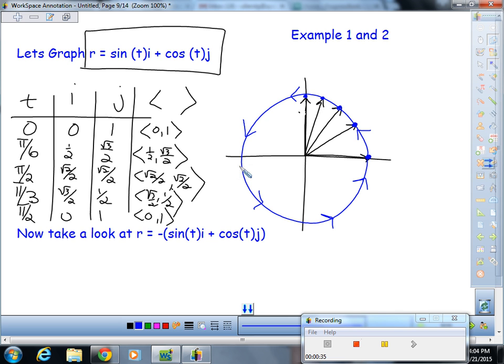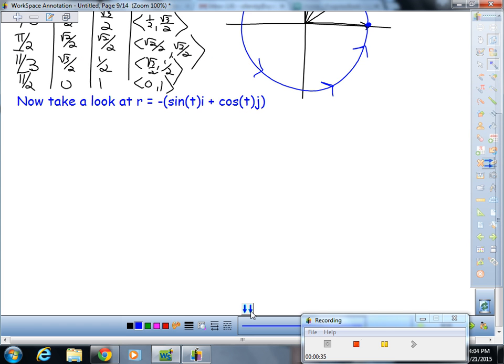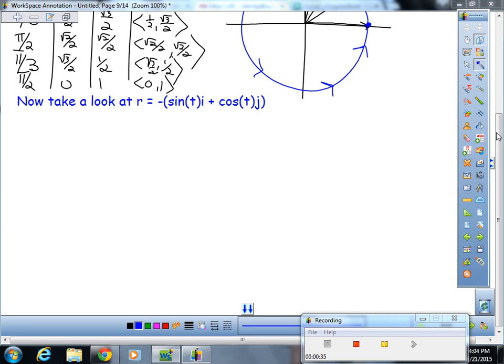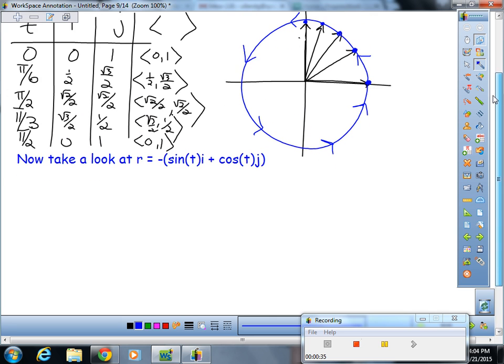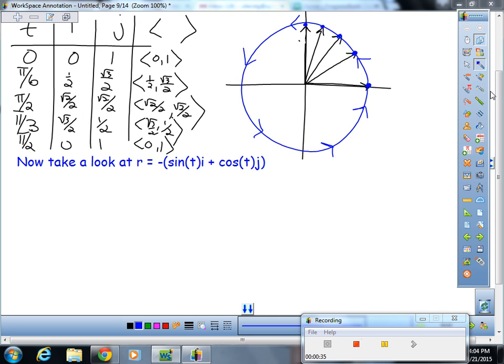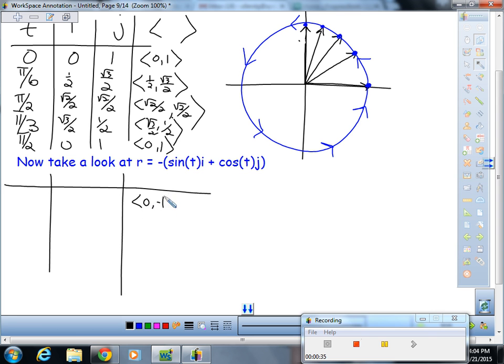Now, I'm not going to write out all of those same examples because I feel like I've already probably lost half of you guys that are watching this video. But if I had the negative version of that, all that would change would be, this would be 0, -1, and this would be -1/2, comma, negative radical 3 over 2.